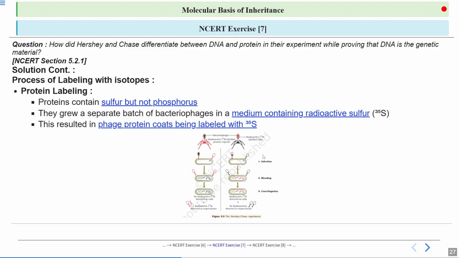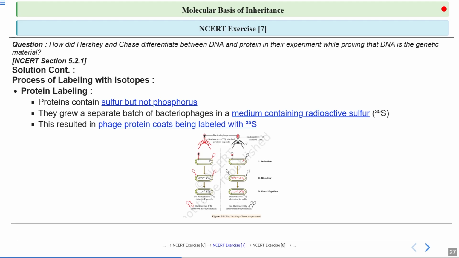So if you remember what happened in that experiment, this separate batch of bacteriophage was grown in a medium containing radioactive sulfur, so the phage protein coat was labeled with radioactive sulfur. Whereas the other batch of bacteriophage was grown in a medium containing radioactive phosphorus, so the DNA was labeled with radioactive phosphorus.